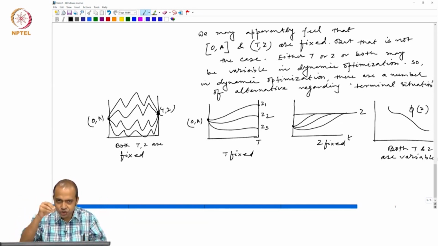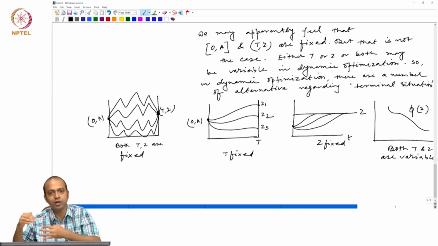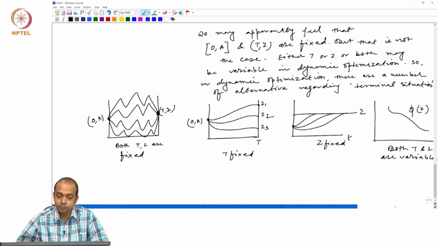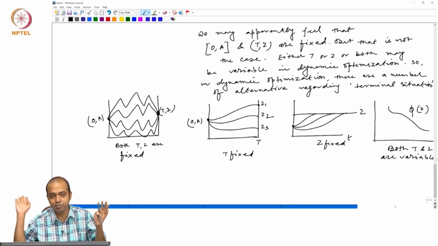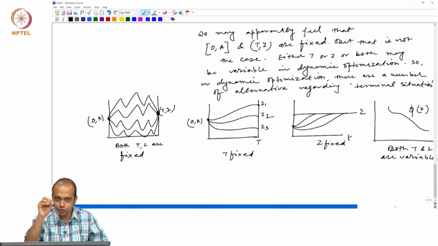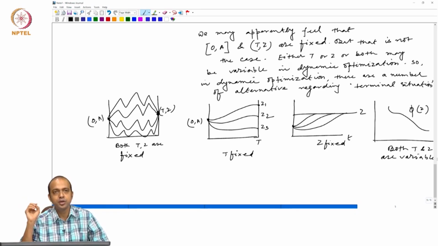At each year you have to decide whether you need to extract 5 tons of coal or 10 tons of coal, depending on the market conditions, and so on and so forth. You need to optimize at each and every period, so that at the end the sum total of the benefit is maximum. So you need to have a decision variable.